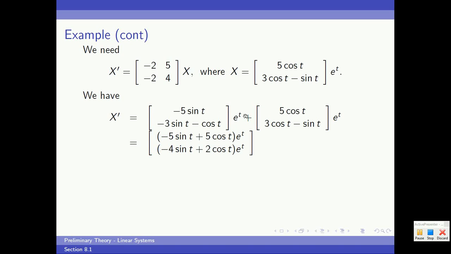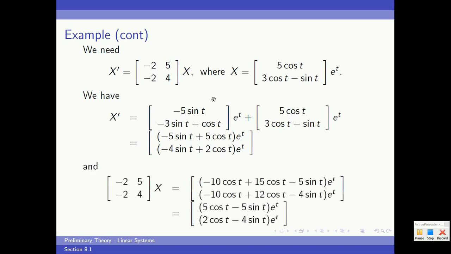So this is minus 5 sine t e to the t plus 5 cosine t e to the t, just writing it together as a vector, because we're going to want to equate what the vector is when we multiply the matrix times this vector. So when I combine this one, I have minus 3 sine t e to the t and minus sine t e to the t. That gives me minus 4. Here I have minus cosine t and a plus 3 cosine t, so that gives me a plus 2 cosine t.